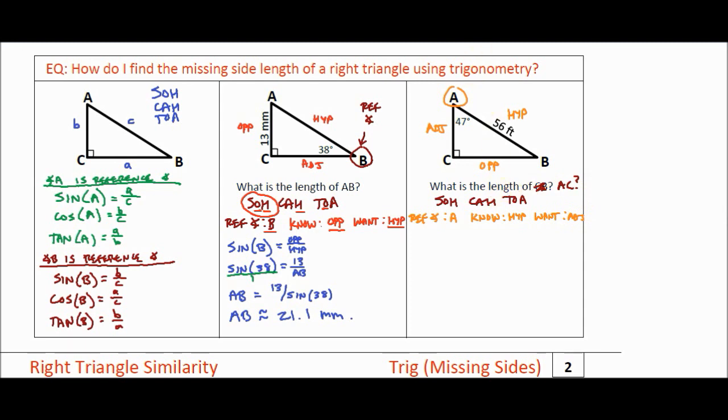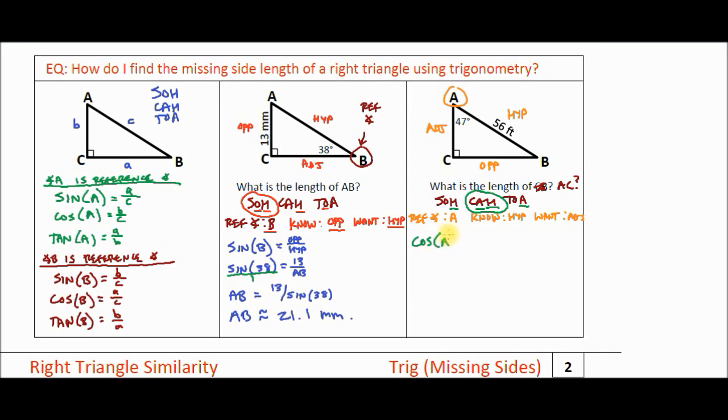Let's underline the parts of the SOHCAHTOA that we know and that we want to figure out. We know the hypotenuse, so underline H and H. We want to know adjacent, so underline A and A. The only trig ratio that has both sections underlined is cosine. That means our equation is going to use cosine.